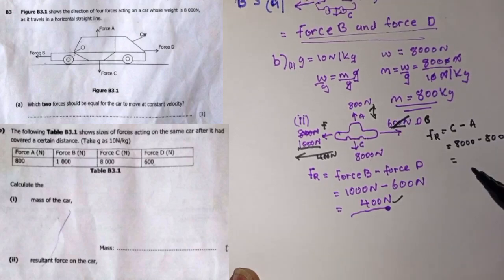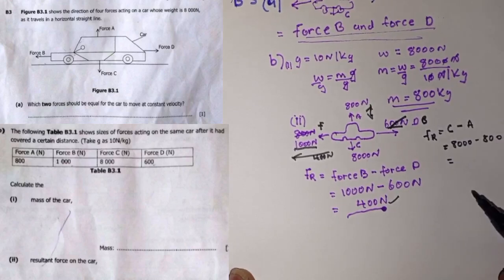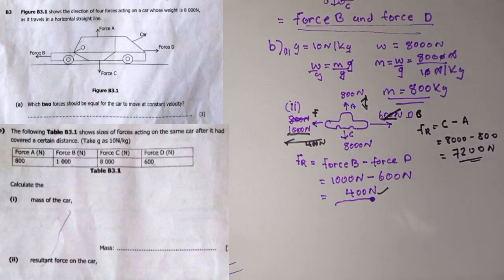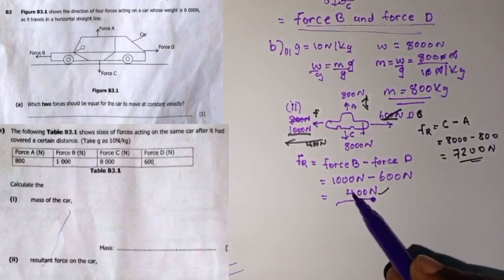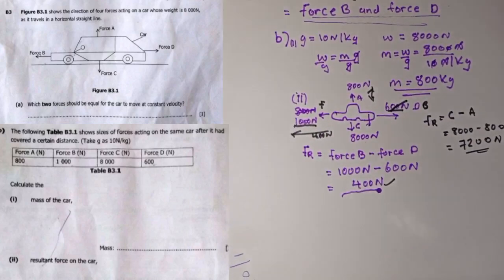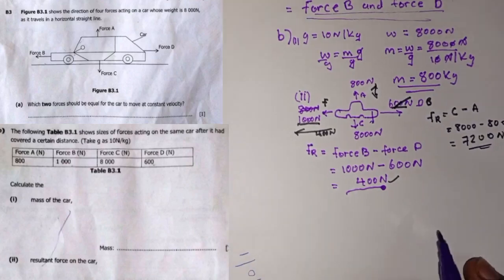What does that give us? You get 7,200 Newton, which is the force that will act downward. But our answer for this question is actually 400 Newton. That's the resultant force.